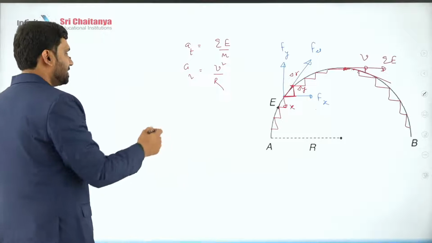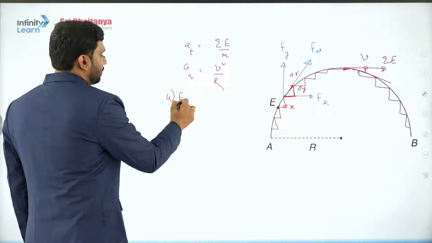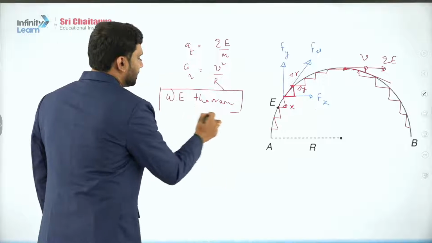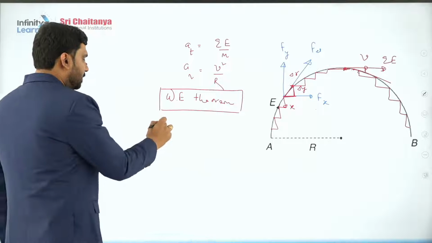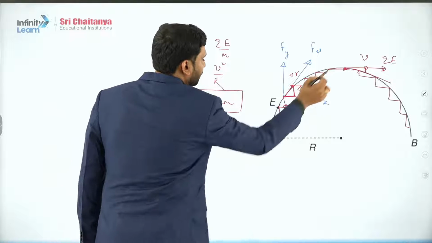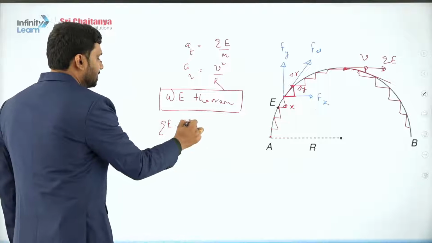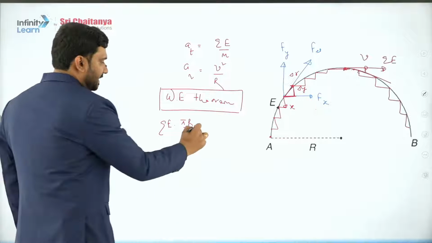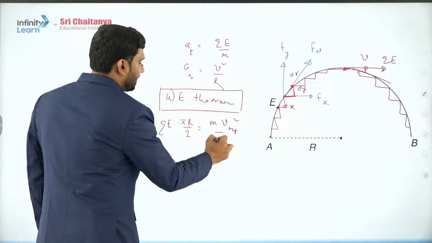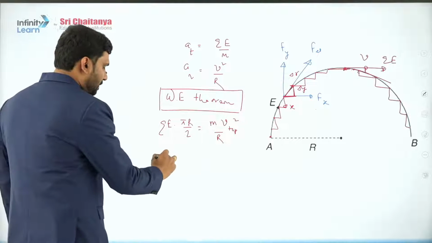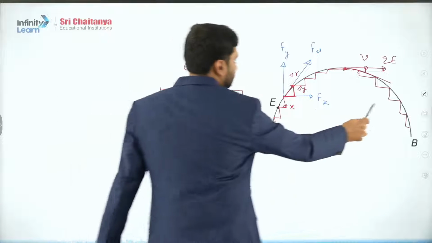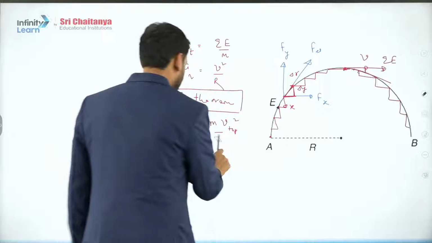In what way? Let's see. The same work energy theorem we will follow. Now since we know the basics, we will apply it directly. Q into E, that is the force, into the path length from here to here, which is pi r by 2, is equal to m v square divided by 2, because this is the kinetic energy.